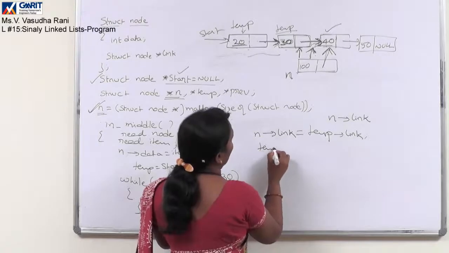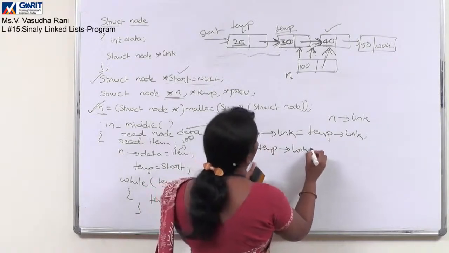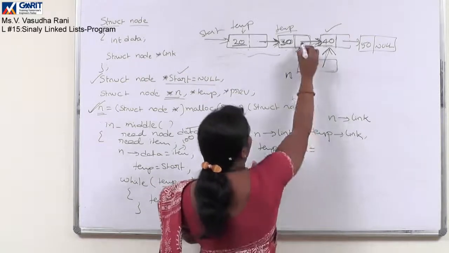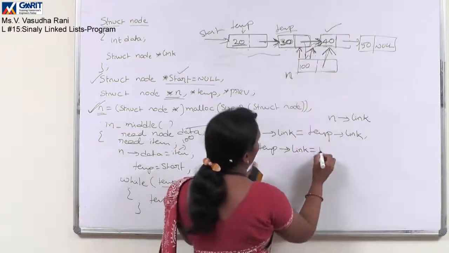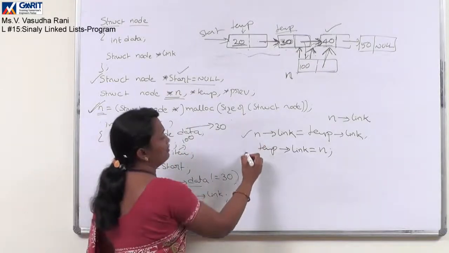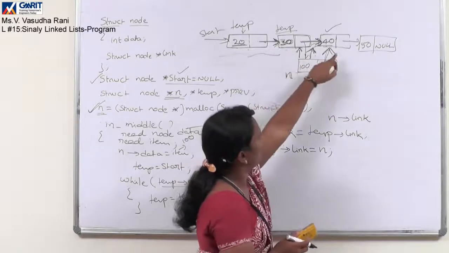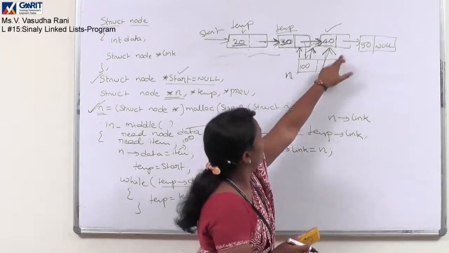And into temp link, we have to store the address of n. With these two steps, we can connect this n node in between temp and the next node.